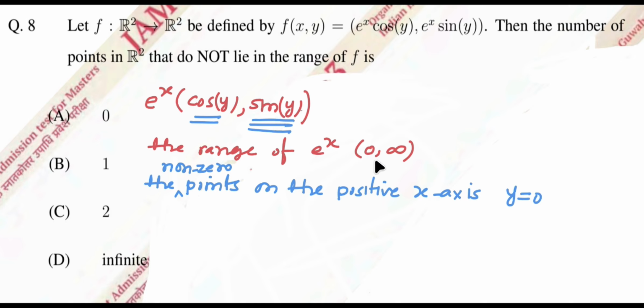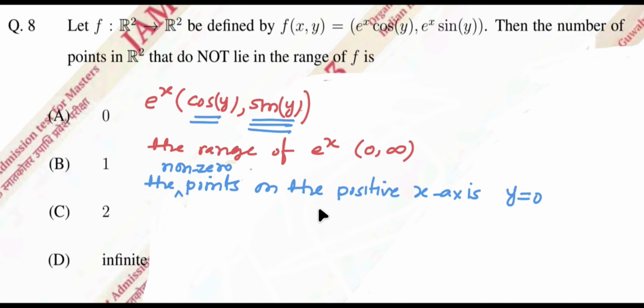If you multiply any positive number, all real positive numbers in this interval, by 1, then you are getting all positive numbers, and the y coordinate obviously will be 0 because sine 0 is 0, and any finite number multiplied by 0 gives 0.